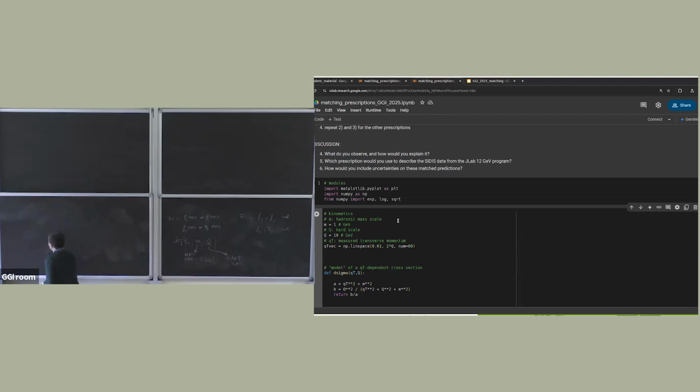Your cross-section is Q squared divided by (Qt squared plus M squared) times (Qt squared plus Q squared). Okay, so this is the sigma.